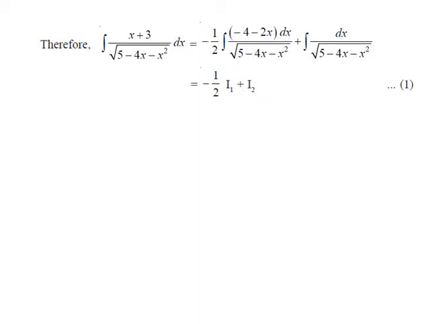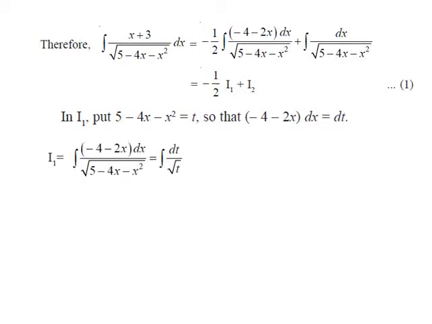In I1, derivative of 5 minus 4x minus x square, which is equals to minus 4 minus 2x is given. So substitute 5 minus 4x minus x square equals to t. Then minus 4 minus 2x dx equals to dt. Now I1 equals to integral of 1 upon square root of t with respect to t.